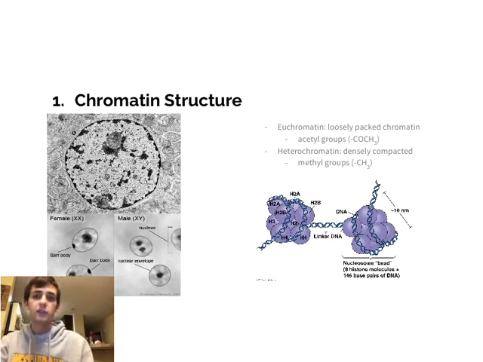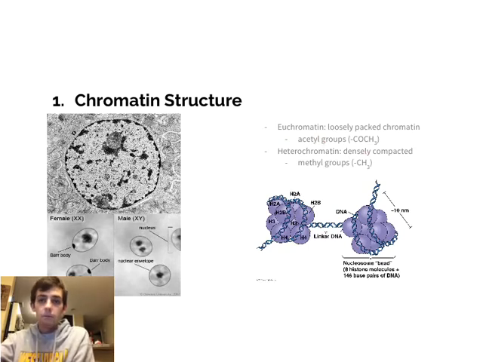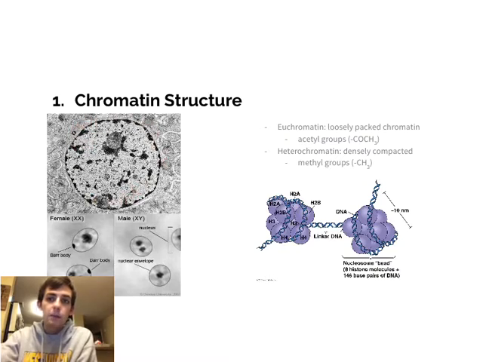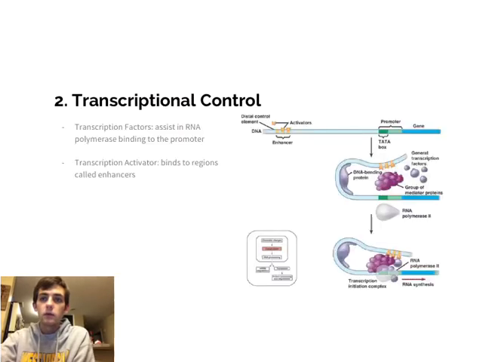This is contrasted to heterochromatin, which is very densely compacted, and this is not going to produce anything because transcription cannot occur. The histone tails from the nucleosome contain methyl groups, and that methylation, or the presence of the methyl groups, will actually prevent transcription from occurring in that type of DNA. In that diagram, it's going to be all of the black area that's pushed right up against the nuclear envelope, or excuse me, the cell membrane.